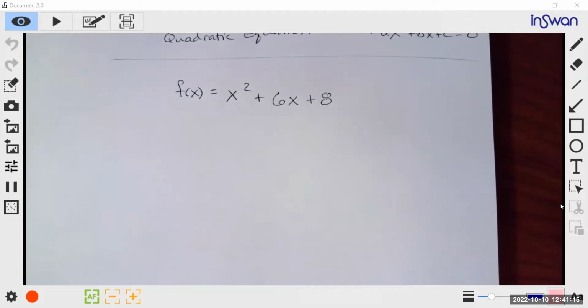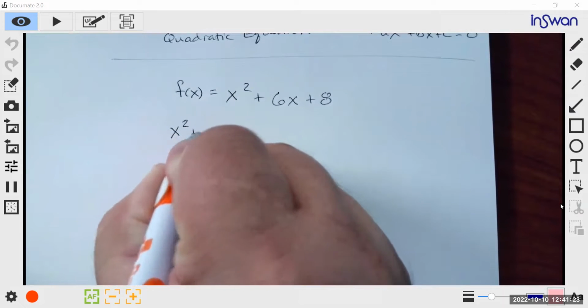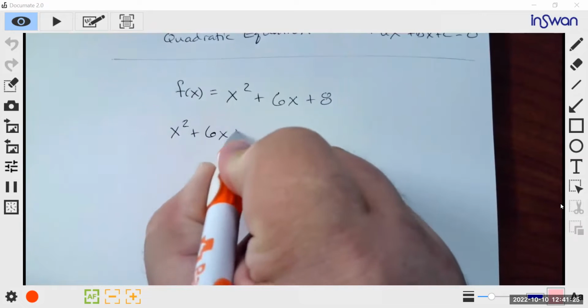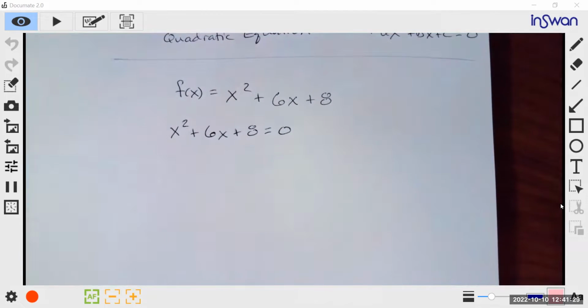Okay, let's say we start off with the standard form. Set it equal to 0 because we have to first solve it. We're going to use the complete the square method. Remember the procedures for complete the square?